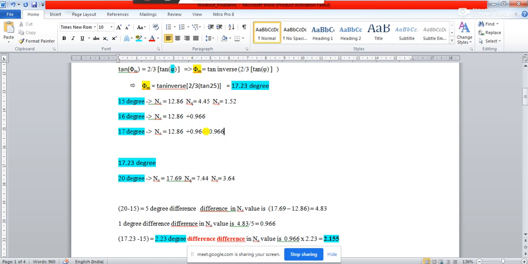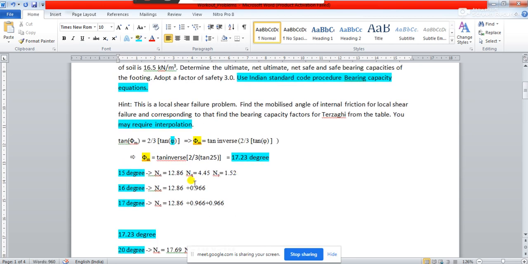It should not be that you do it just for Nc and forget the other two, Nq and N gamma. No, you cannot do that. I have just shown you for Nc, but you will have to do it for every value: Nc, Nq and N gamma, all in the same way.